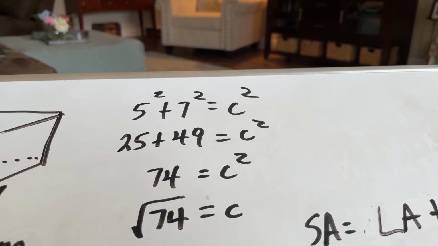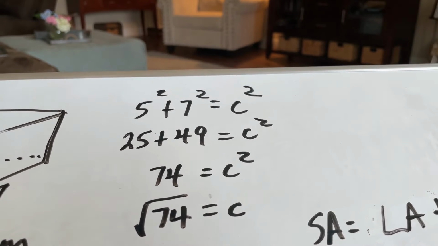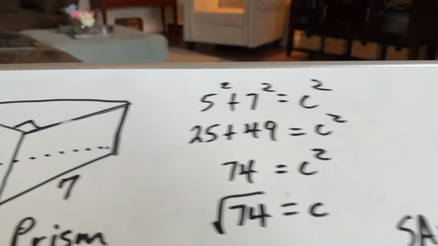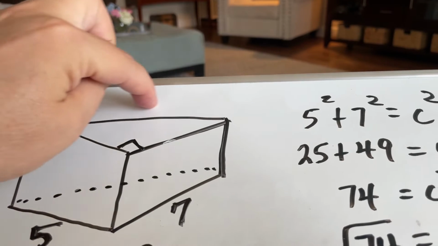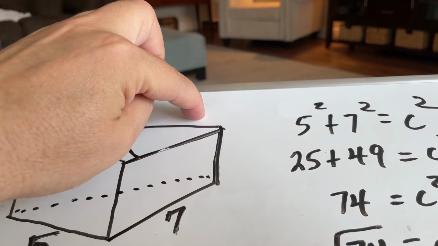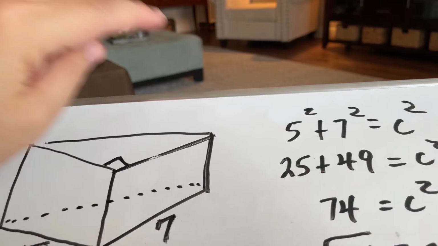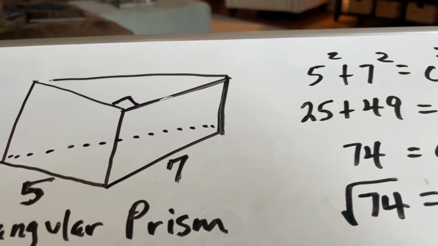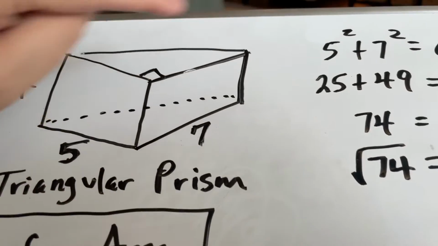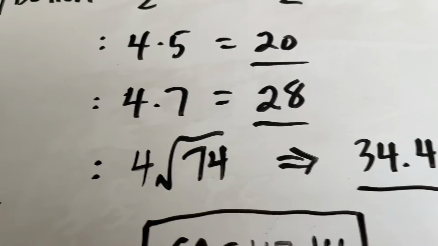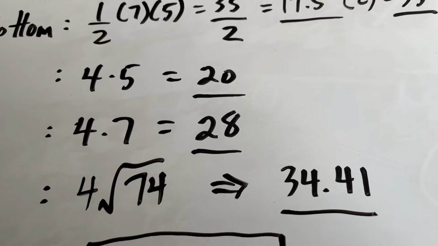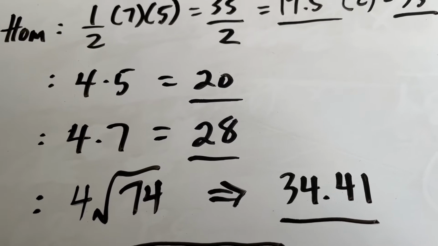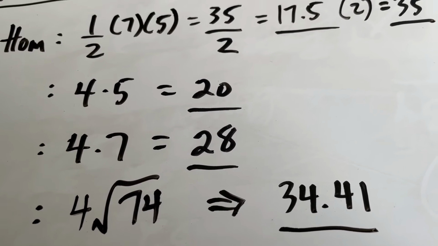Add those together, you get 74. Take the square root of both sides. So this long length here is the square root of 74. For this rectangle, it's 4 times the square root of 74, which is 34.41.